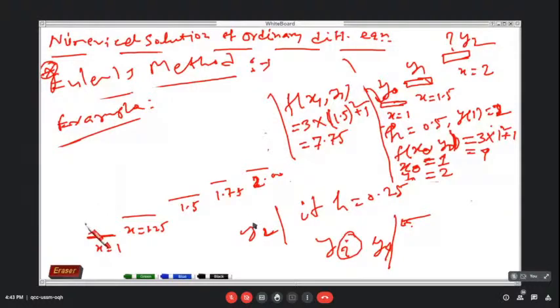So this is y0, y1, y2, y3, y4. अगर कोई फॉलो नहीं कर पाया तो उनके लिए ये है, ठीक है। सो दिस इज द स्टेप्स यू हैव टू टेक. If you take a smaller step size, you have to take more steps to calculate the desired value.